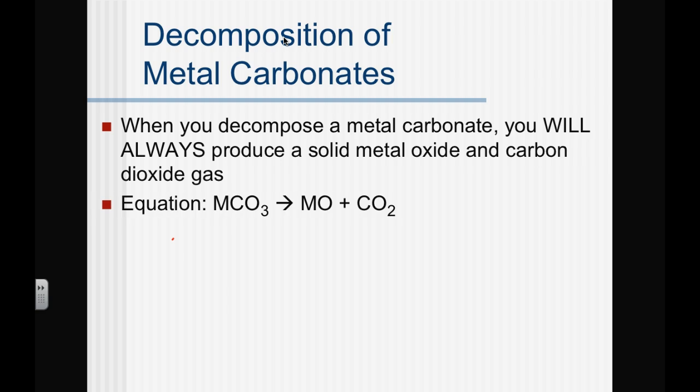So again, the equation for this is MCO3 yields MO plus CO2. That M is whatever the metal is. Granted, I didn't balance charges on this because I don't know what the metal is. But notice I always make the metal oxide plus carbon dioxide. Always CO2.